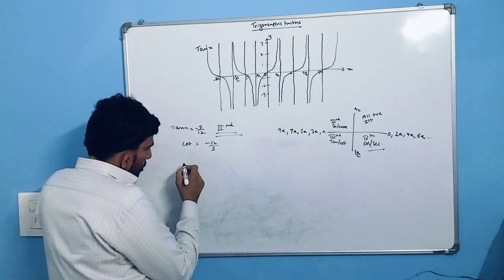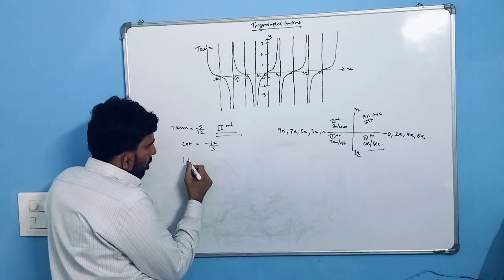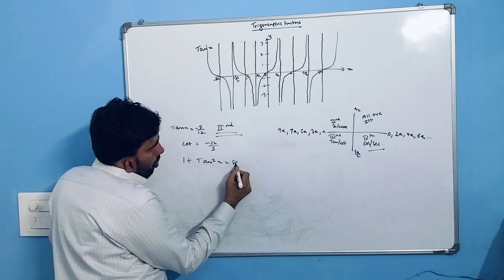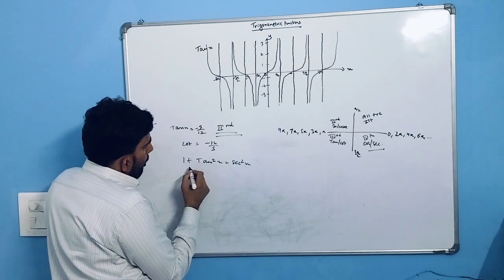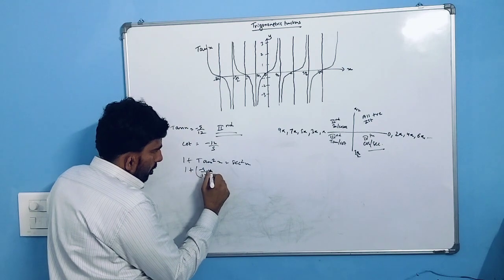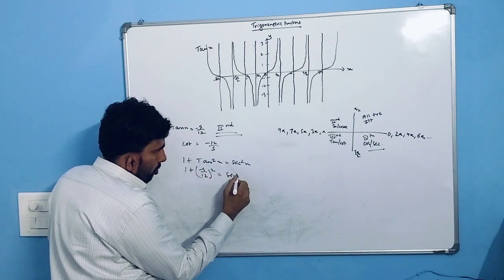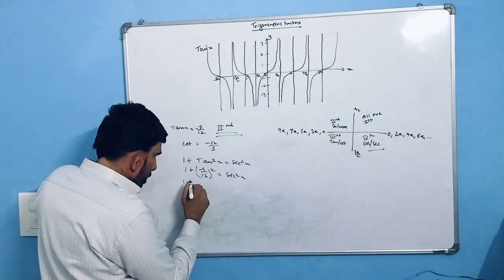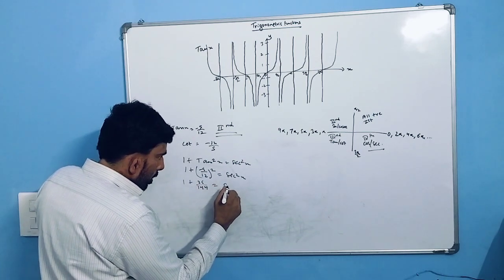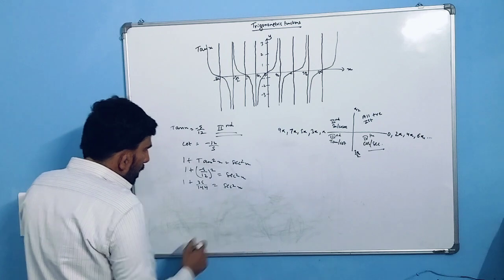Now, how to find more? Using the identity, 1 plus tan square x is equal to sec square x. So 1 plus 25 upon 144 is sec square x. Okay.